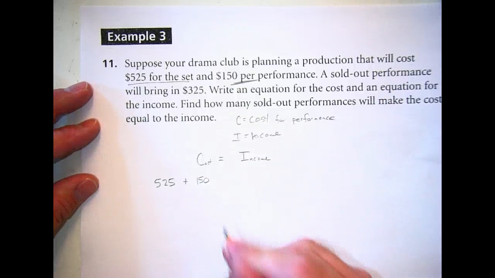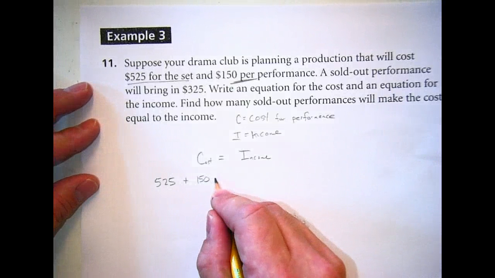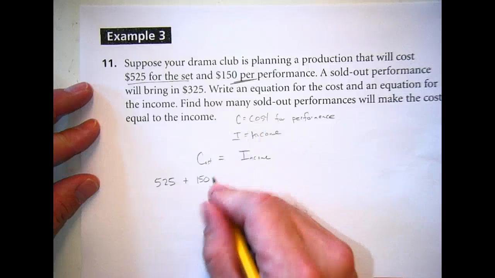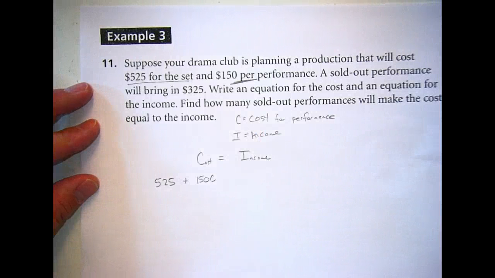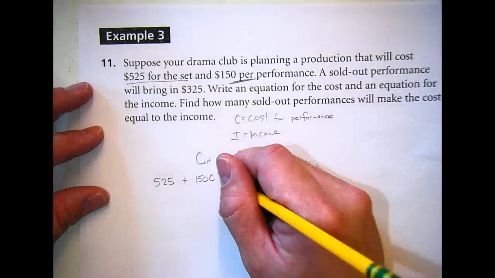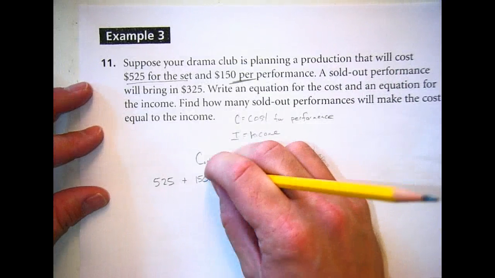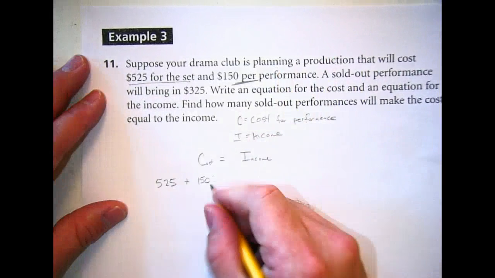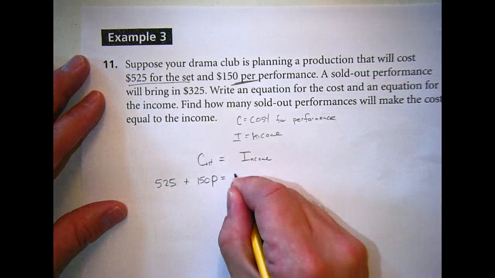It's a recurring thing per performance. So I guess we're saying C, the cost of a performance. Maybe we should have used P there. You should use P, and then wouldn't it equal C for the total cost? Yeah, if you call this P, that's equal to C.